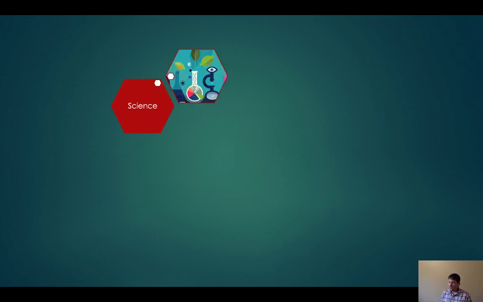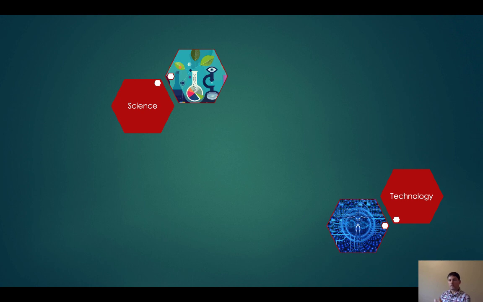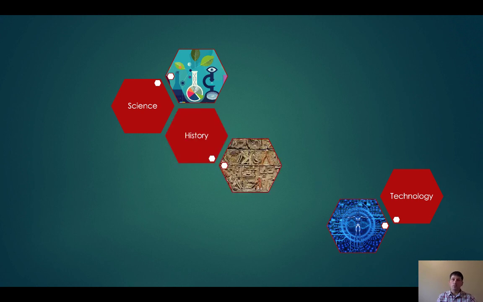So we can look at the world, right, through a scientific lens, and that is one way of seeing the world. And there's a whole bunch of different ways within the science realm to look at the world. We can look at the world through the eyes of technology, right? Technological fixes to all of our problems. How can we integrate and develop artificial intelligence into the world? We can look at the world through a historical lens, right?